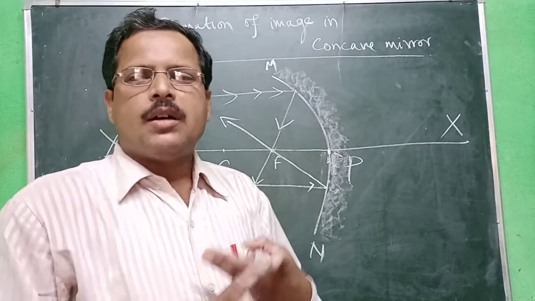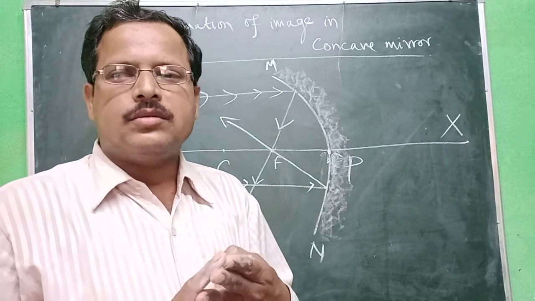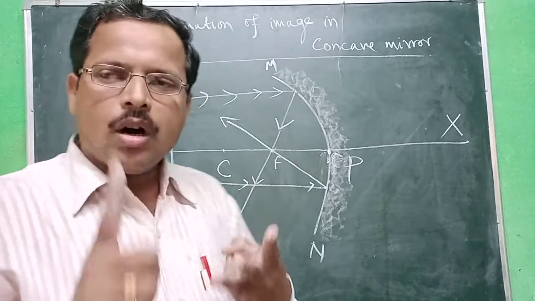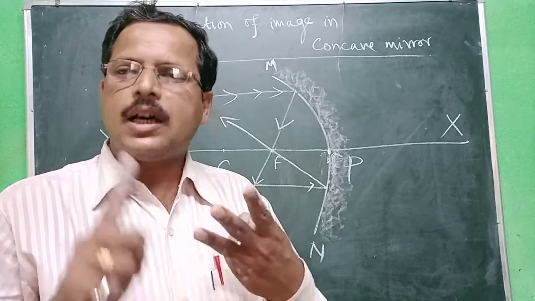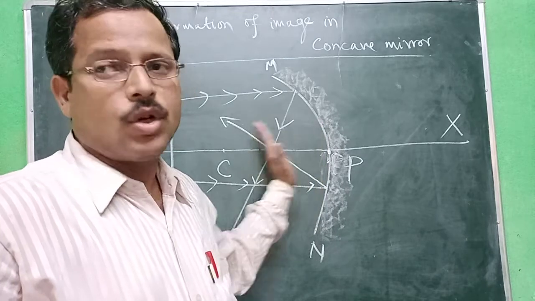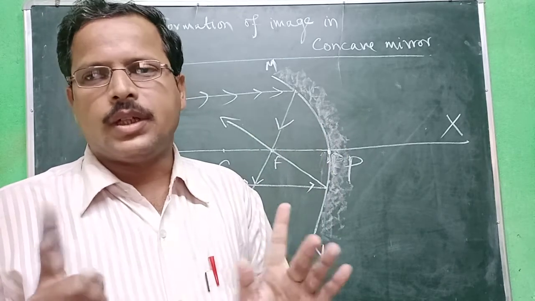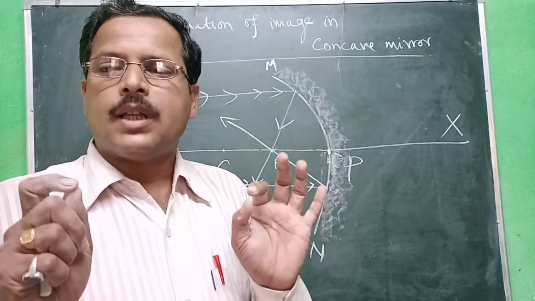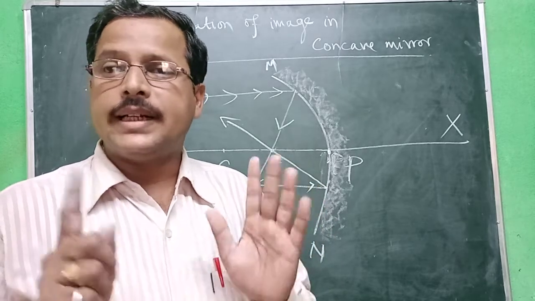Okay. For a concave mirror, the point to be noted is that all images are produced in front of the mirror, on the front side, not on the back side. And all images are said to be real.